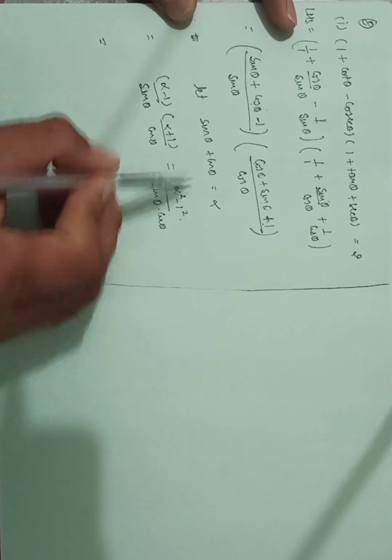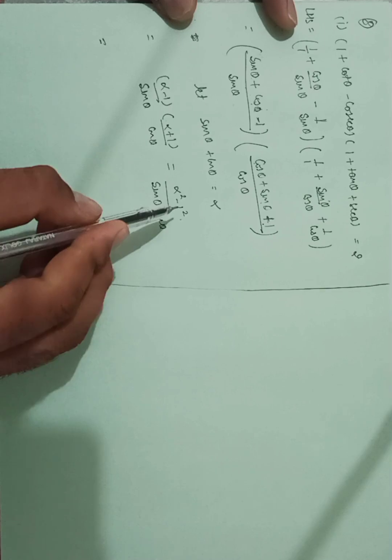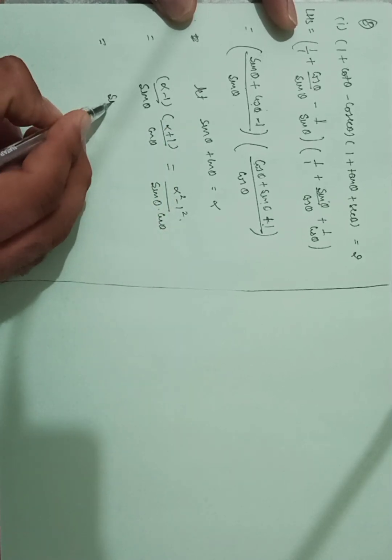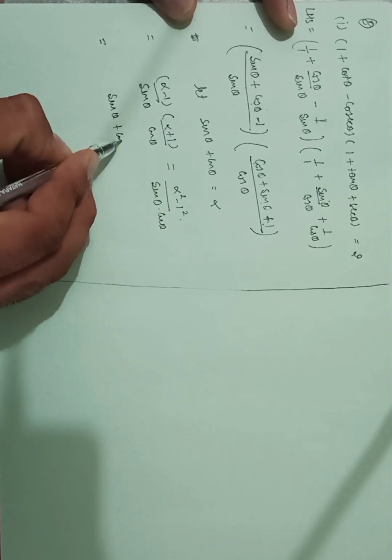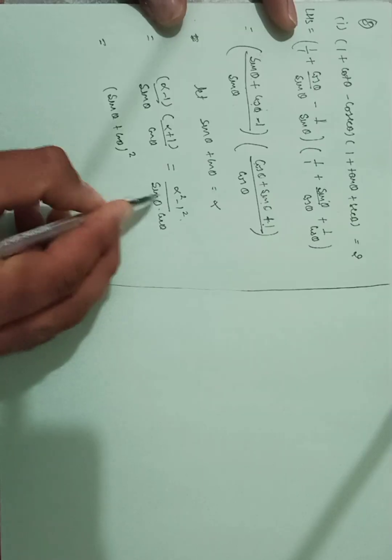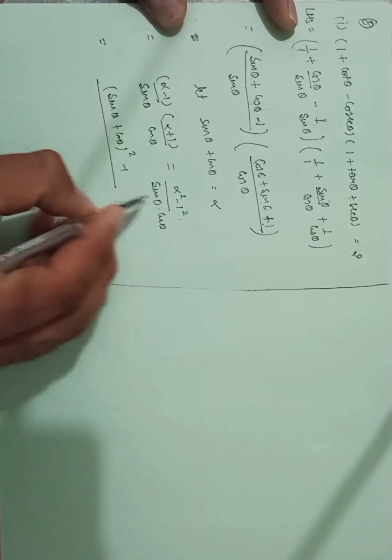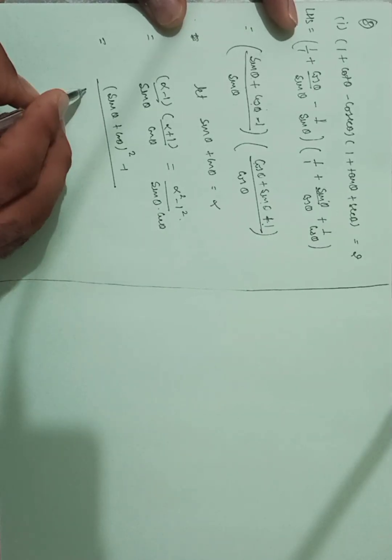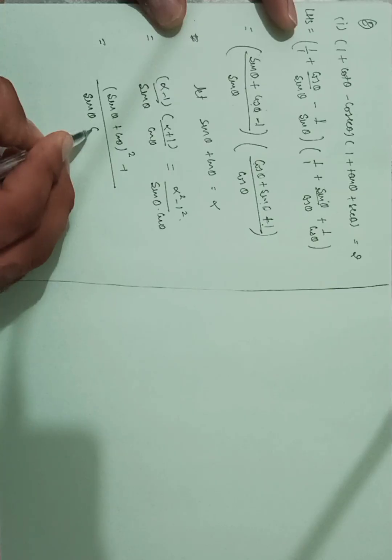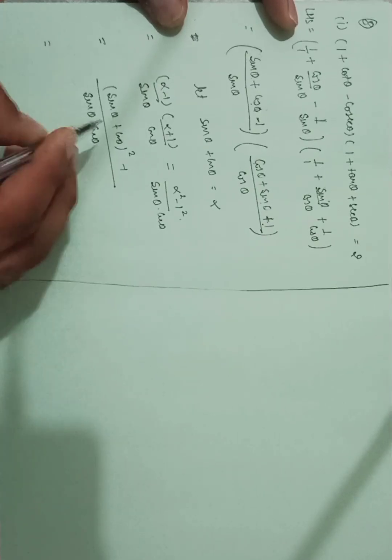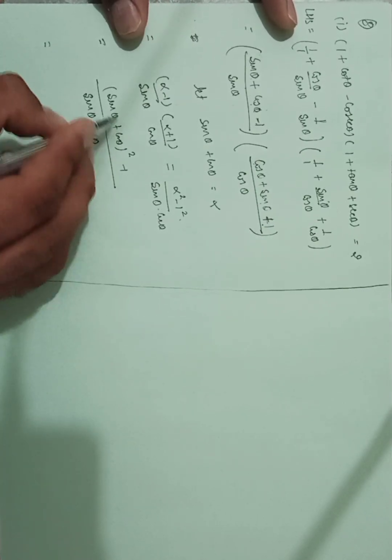Now simply I'll put the value of alpha, which I have already assumed, that is sine theta plus cos theta whole square, and here we have minus 1 because the square of 1 is 1, and as a denominator we have sine theta into cos theta. Now I'll solve this by opening the bracket.